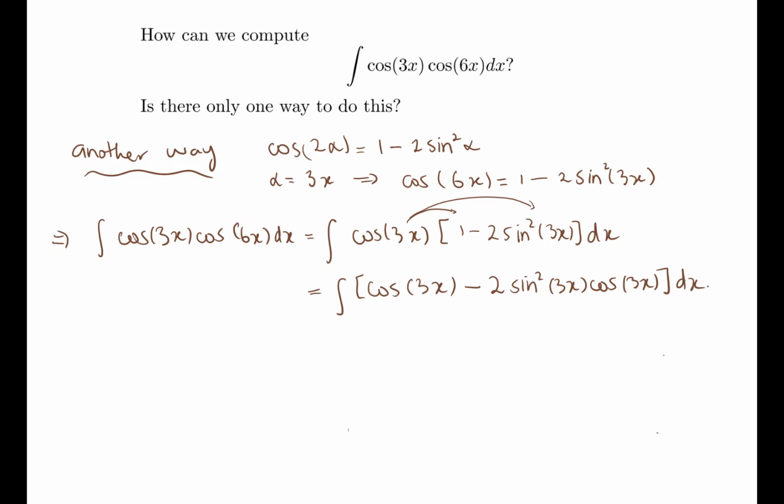Just rearrange the expression a bit, and we can distribute the integral, because the integral of a subtraction is the subtraction of integrals. So we have the integral of cosine of 3x, take away, and we can pull constants out just as we did before, a 2 integral of sine squared of 3x times cosine of 3x dx.